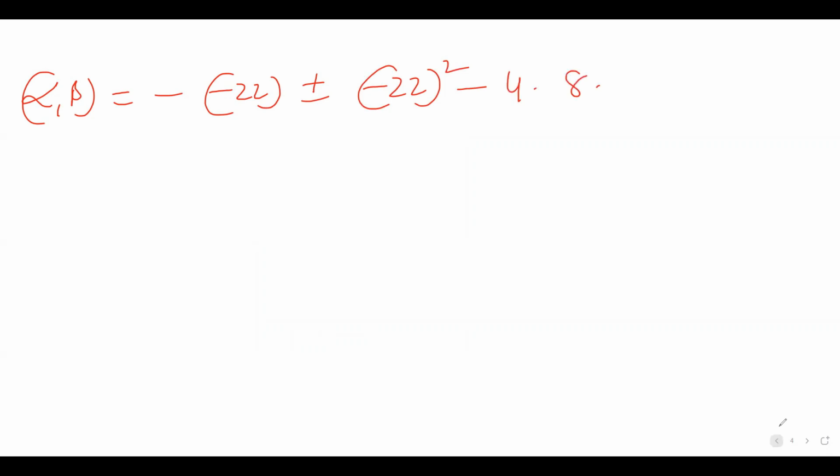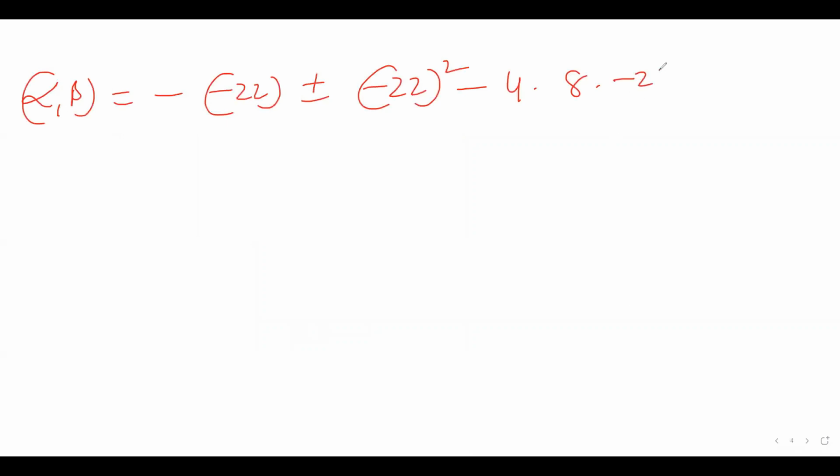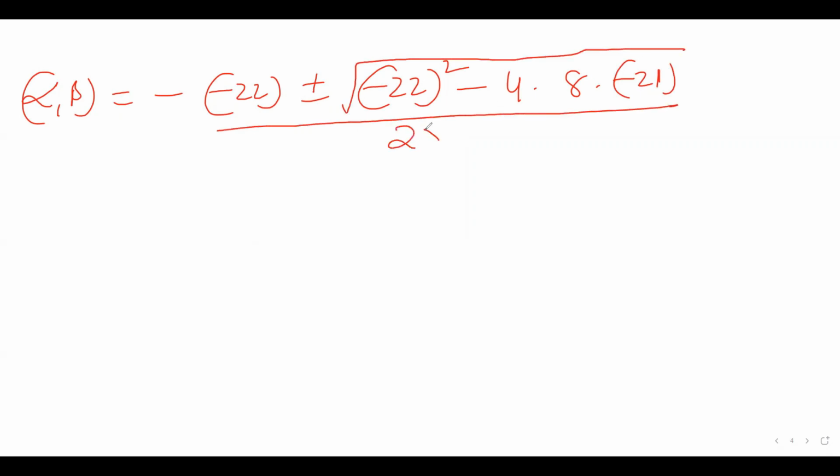A is 8. Check. A is really 8. C is minus 21. Under root by 2a. 2 into 8. Now tell minus into minus, it becomes plus.